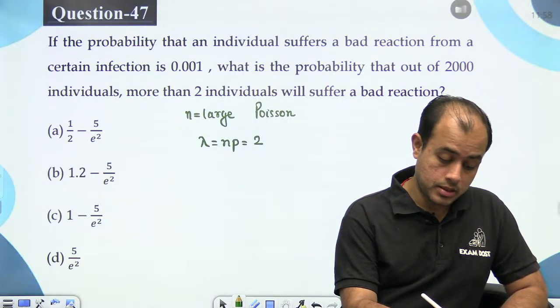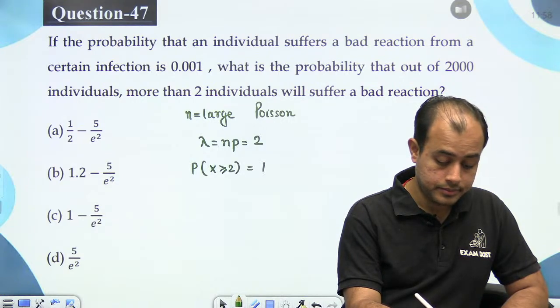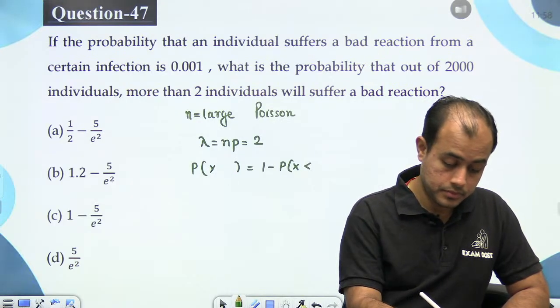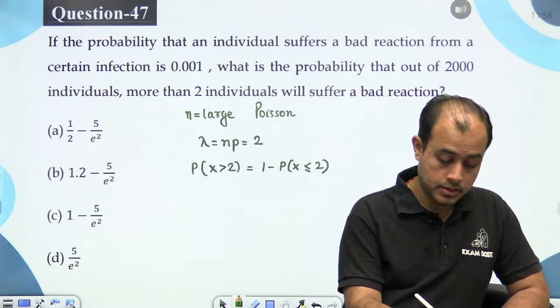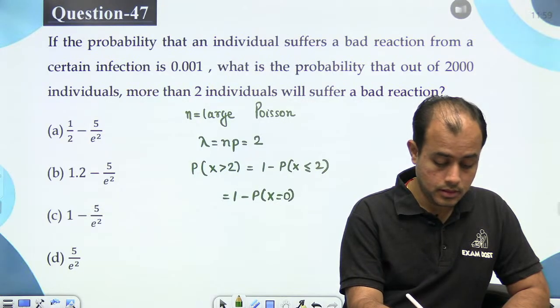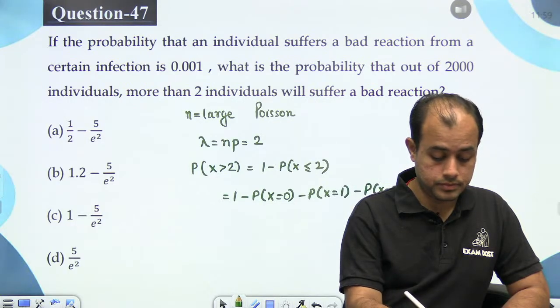So now, the probability of more than 2 is 1 minus the probabilities of 0 individuals, 1 and 2.